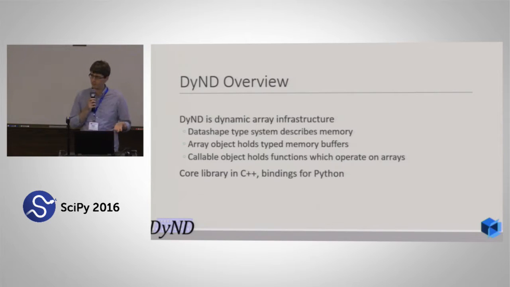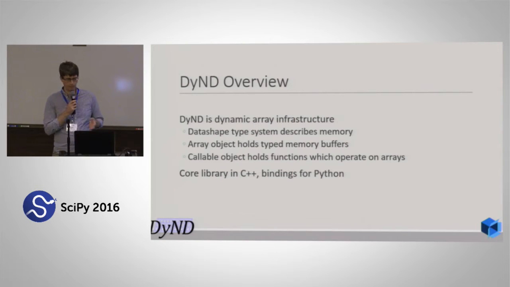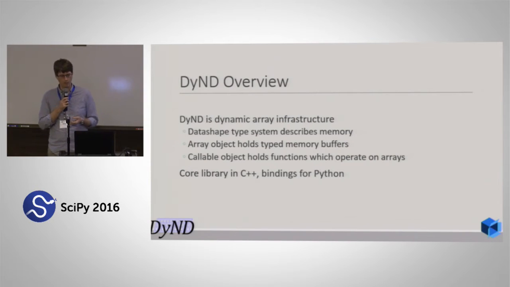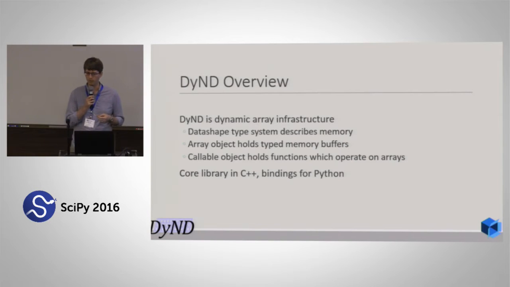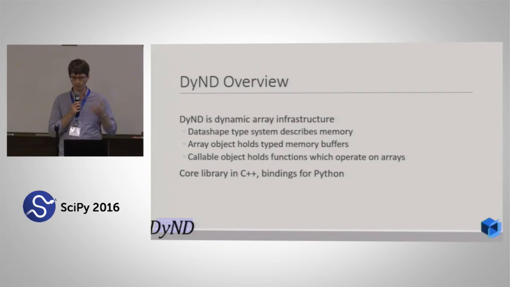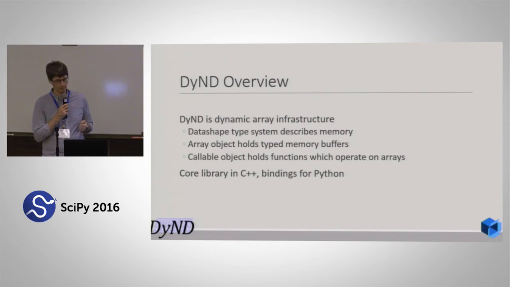So DyND has three major pieces that are intended to help play that role. Its type system can describe memory in a way that has a little bit of flexibility for the array-oriented nature of it, and also can describe symbolic types that can pattern match against many different memory layouts, like all integer types or things like that.